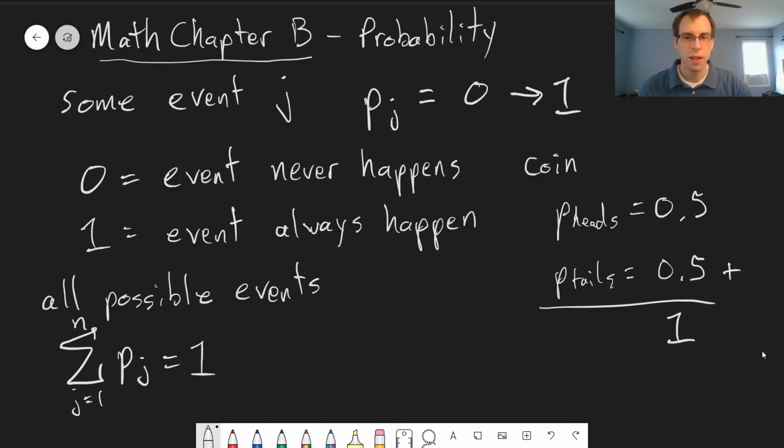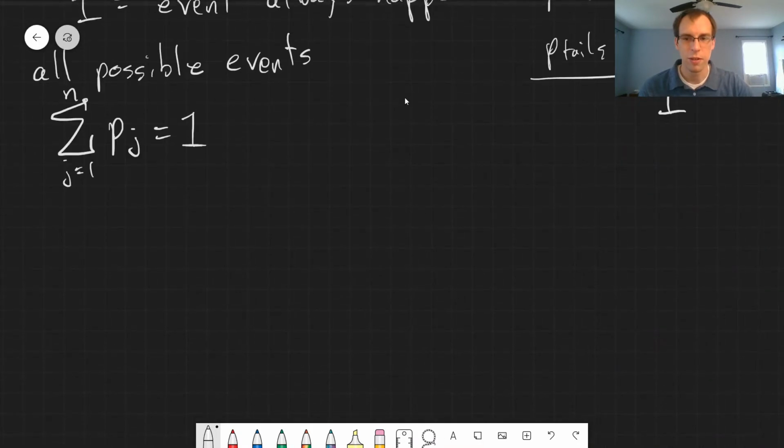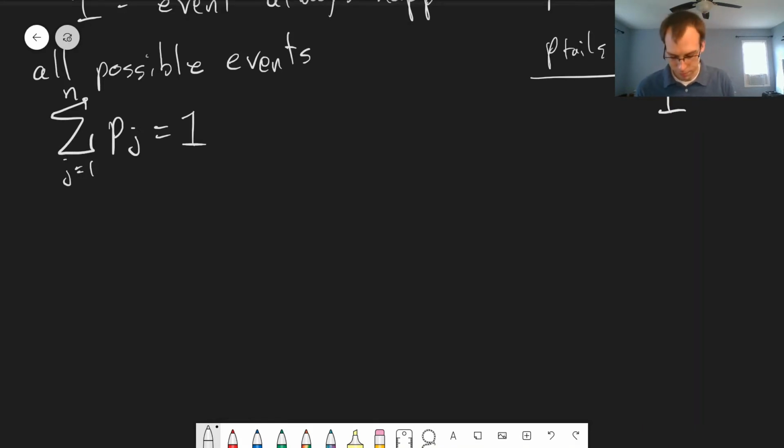One other property of probabilities, if we define things this way, is that it gives us a different way to find averages. This can be useful when we're looking at a bunch of events, and we know the probabilities and the values associated with them. If we want to find the average value, which we'll write with this bracket notation, x with square brackets around it, this indicates an average.